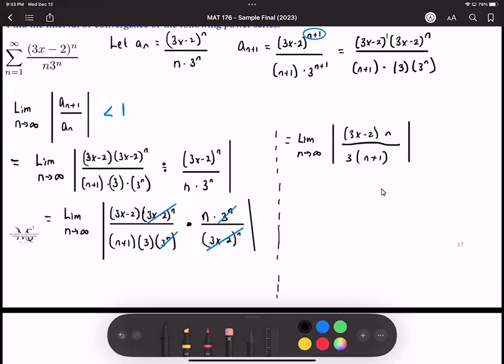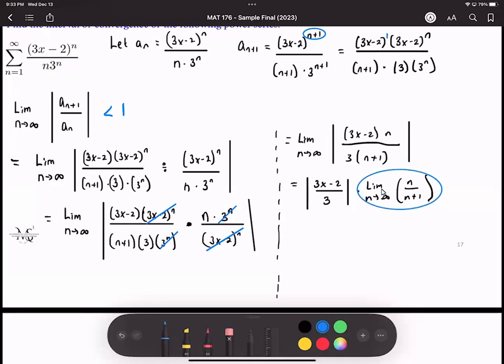Okay, so the part that's now significant for us is n over n + 1. What I can do is factor out everything else. If I pull everything else out, including the absolute value, we'll have the absolute value of (3x - 2) divided by 3, multiplied by the limit as n approaches infinity of n over n + 1. You should recognize what this limit goes to.